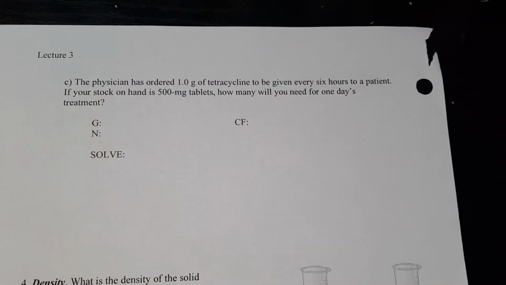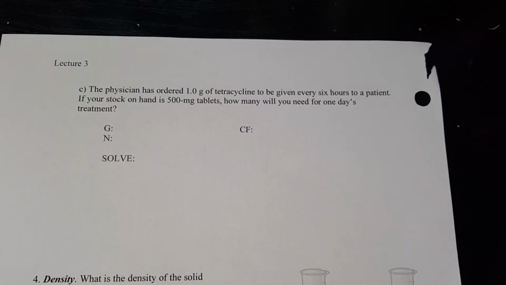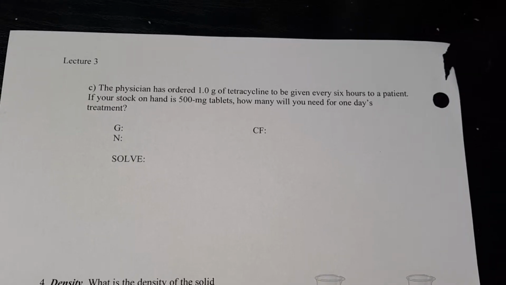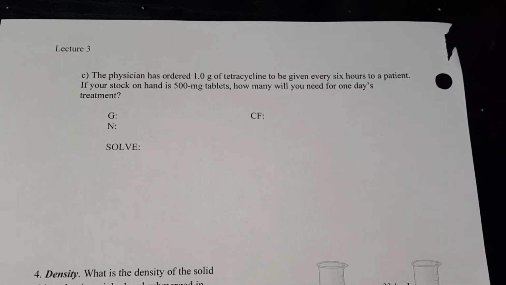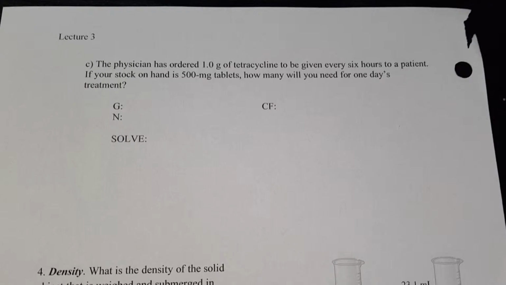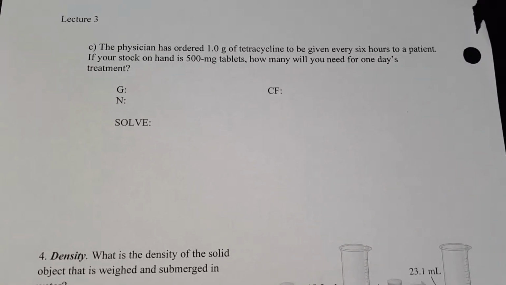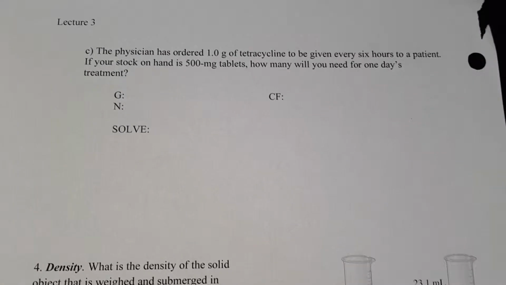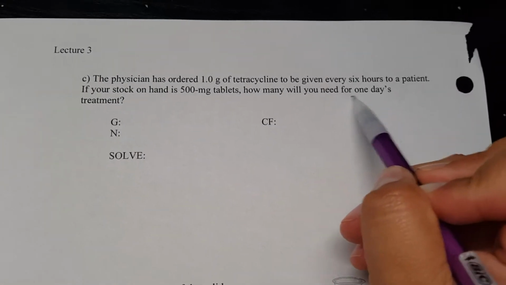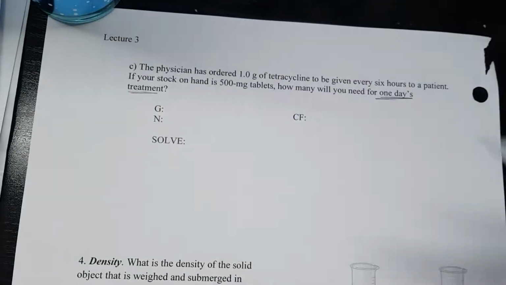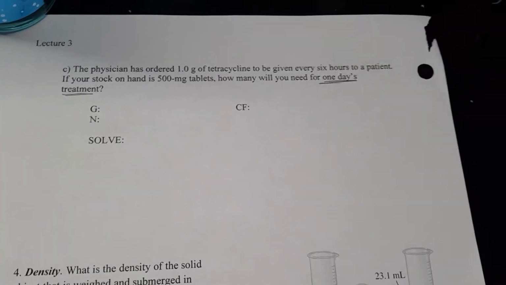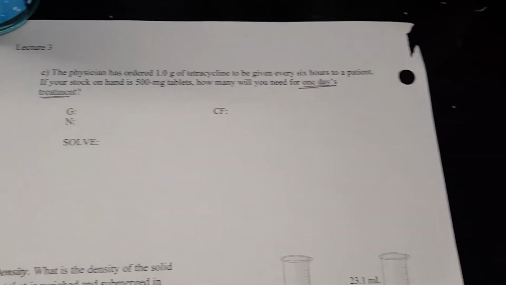C states the physician has ordered 1 gram of tetracycline to be given every 6 hours to a patient. If your stock on hand has 500 milligram tablets, how many will you need for 1 day's treatment? We're looking for how many tablets we will need for 1 day.